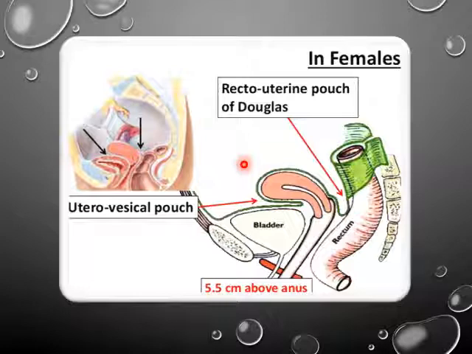Likewise, whenever a person is in upright or semi-upright position, this rectouterine pouch of Douglas in case of females and rectovesical pouch in case of males will become the most dependent areas. After covering the uterus, it is once again sweeping on to the superior surface of the bladder, and the pouch which is being formed here is the uterovesical pouch.